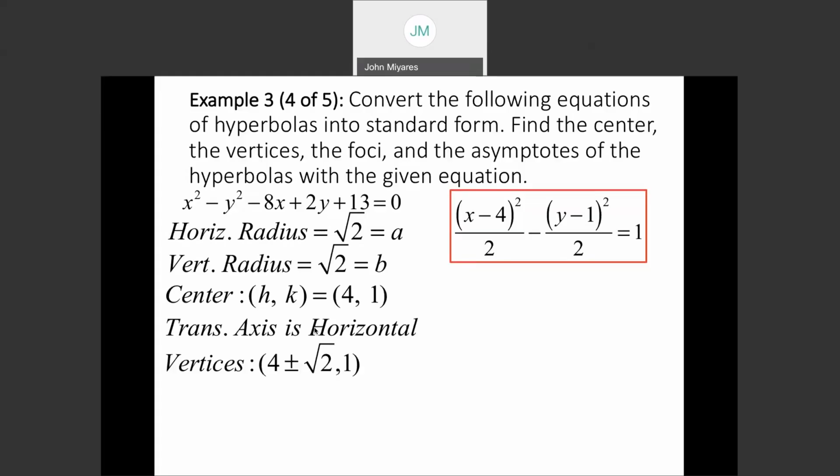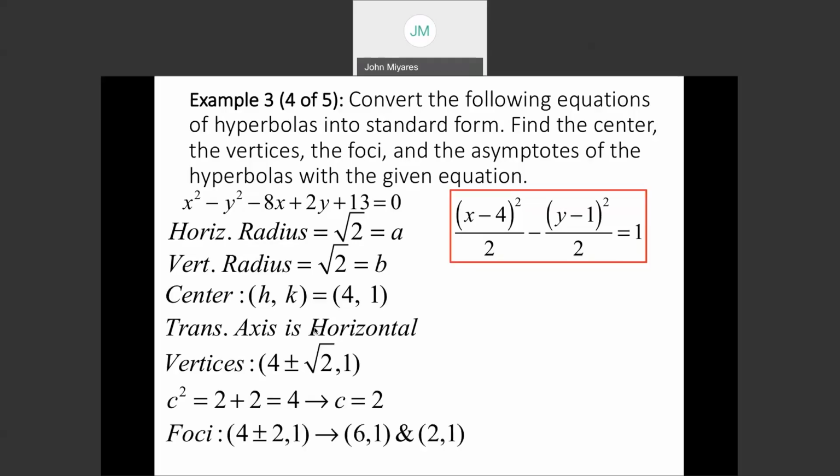To find the foci, we'll take the sum of the two denominators here, a squared plus b squared, which gives us 2 plus 2 equals 4. So c equals the square root of 4, which is 2. Since the transverse axis is horizontal, the foci will be 2 units to the left and right of center.